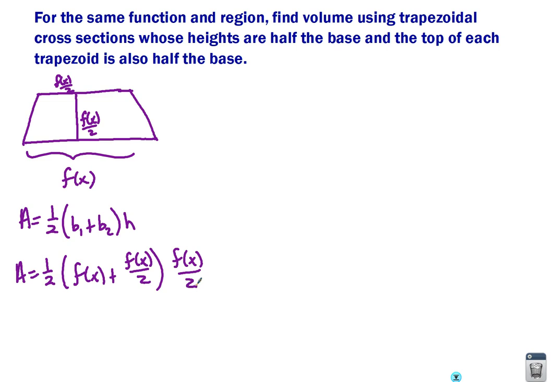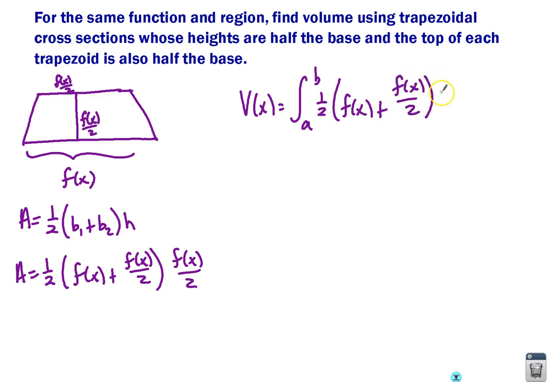But do we understand how that worked? So we're going to take all of this. Volume is going to be the integral from a to b of 1/2 times f of x plus f of x over 2, and then times f of x over 2 dx. Remember, base 1, base 2, height.